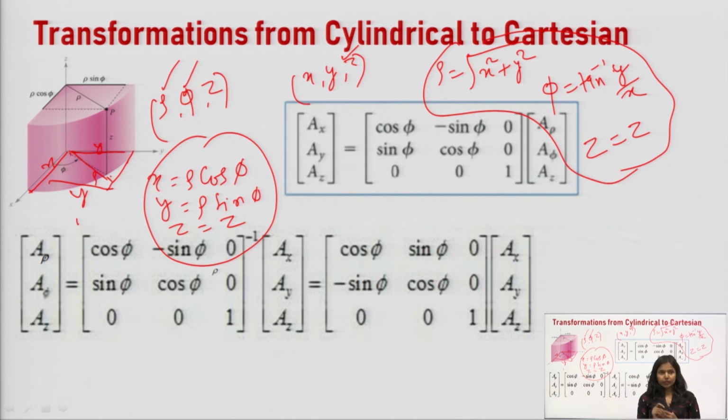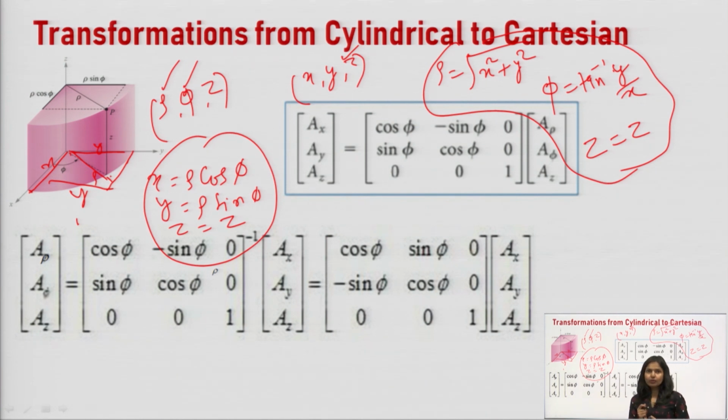Now we need to transform a vector also. In transformation, either the question will arise to transform a point from a particular coordinate system to some other coordinate system, or the question will arise to transform a vector from a particular coordinate system to some other coordinate system.